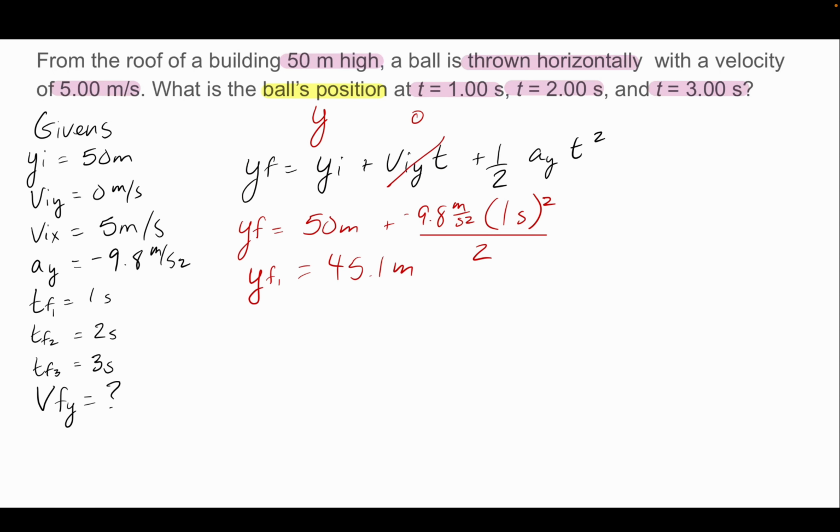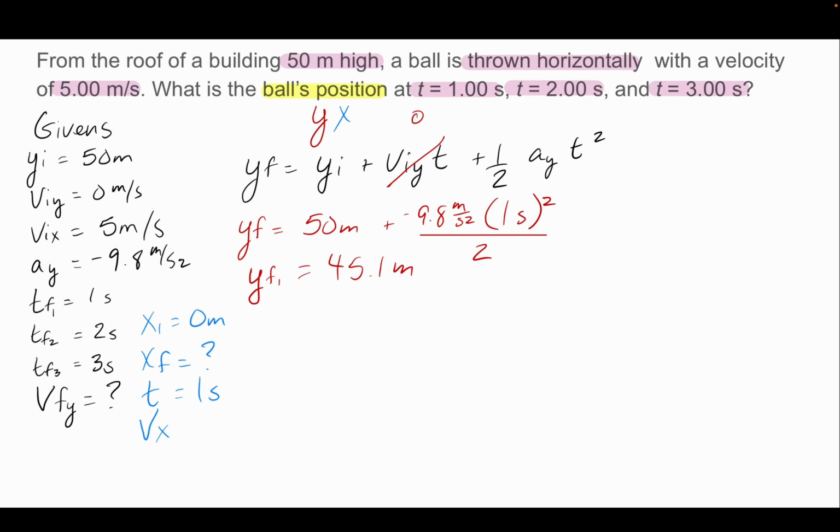Once you have this, though, you could also determine the actual x position. If we were determining the x position, the same rules would apply, except, holy moly, the formula changes drastically, right? Because your xi is equal to 0 meters. You don't know your xf. You've got your t, that's 1 second. And you've got your v, right?